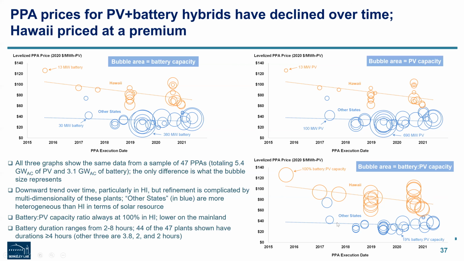In the lower 48, we've seen this trend towards larger batteries over time. You can see smaller circles on the left and larger circles over on the right. And obviously, as your battery size increases, that's going to bump up your costs a bit, thereby muting the otherwise declining trend in PPA prices that you might see.